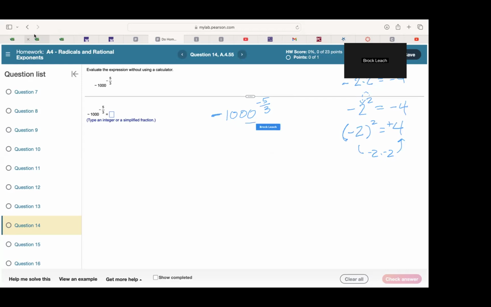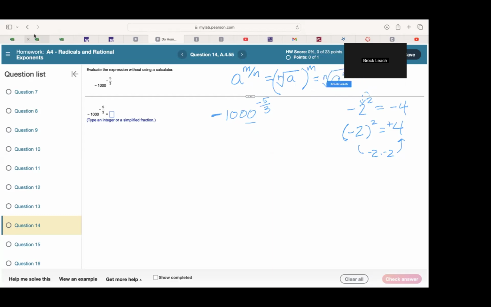And what this means, a to the m over n is equal to either the nth root of a raised to the m power, or a to the m power nth rooted.